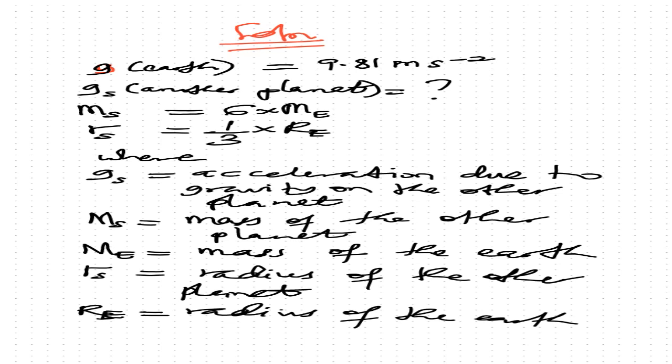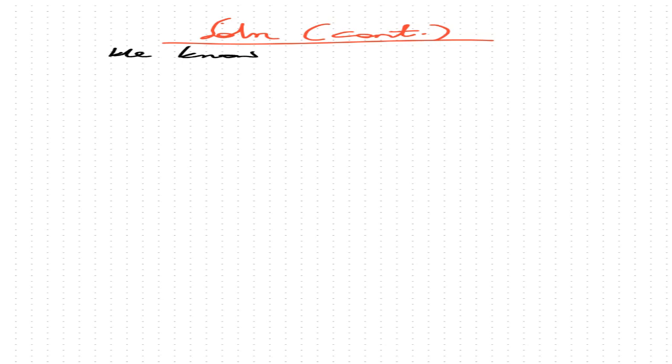Now how do we solve this question? Let us continue. Solution continues. We know that acceleration due to gravity is GM over R squared.